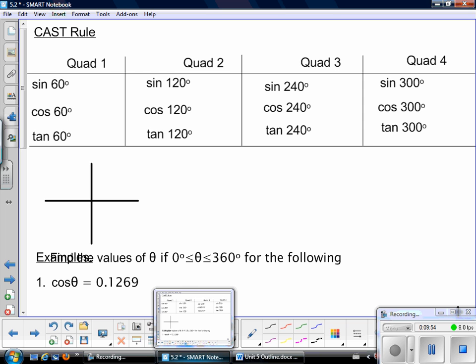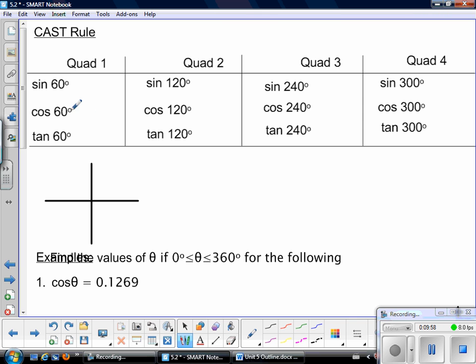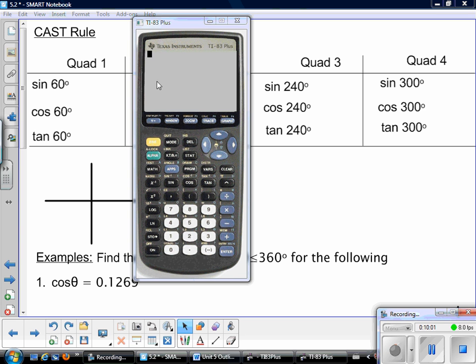And this is what we call the cast rule. So actually what we're going to do is take our calculator and fill this in. Okay, so I've brought up the graphing calculator for us to do it. So let's, for instance, do sine of 60, the cos of 60, and because it's a graphing calculator, I can put all of them in at one time, and then the tan of 60.